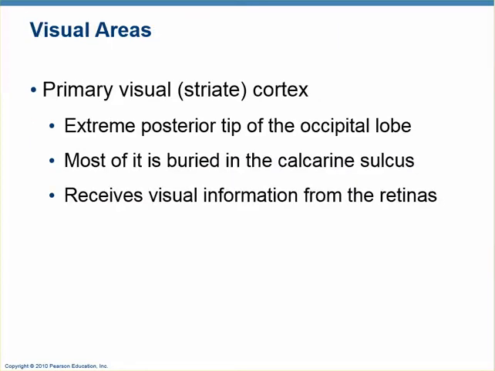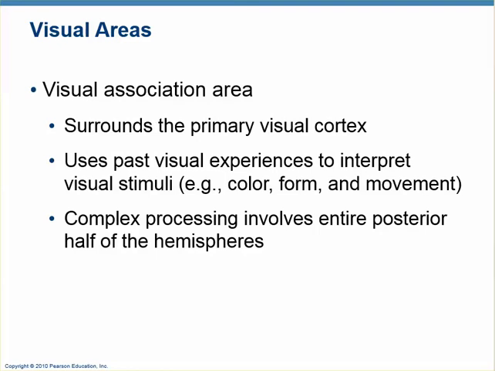The primary visual is right at the occipital lobe. That's why if you hit the back of your head, you see stars. And it receives information from the retina. But to make sense of it, we need the association areas. So this uses past experiences.